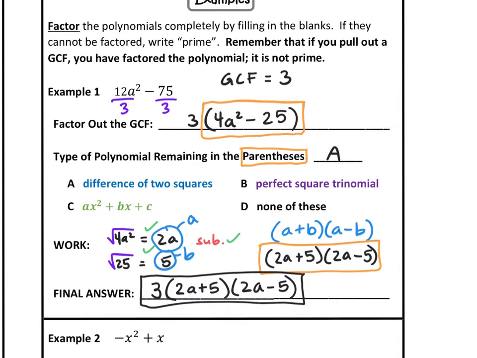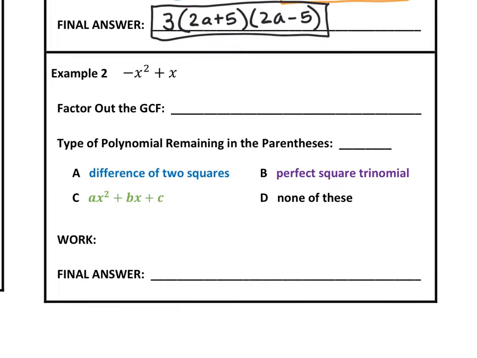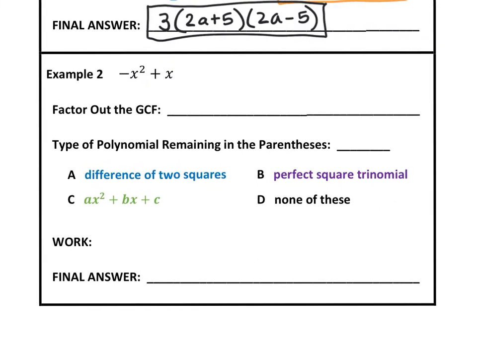Okay, let's go to the next one. Example 2. Okay, let's see if we can find a GCF. It doesn't look like they have any numbers in common other than 1. Remember, there's a 1 in front here.